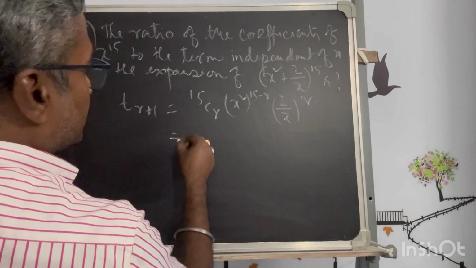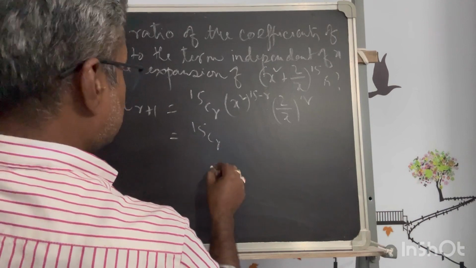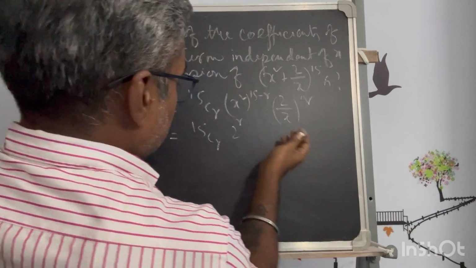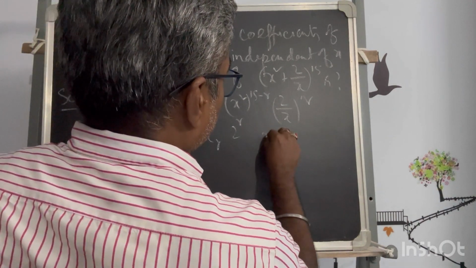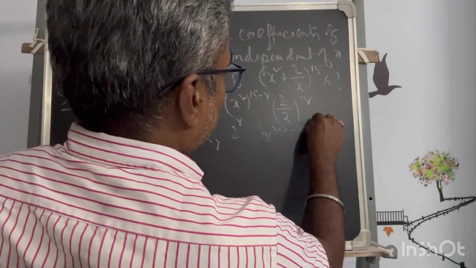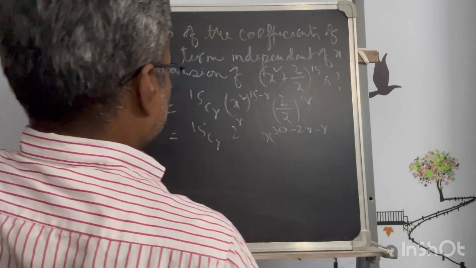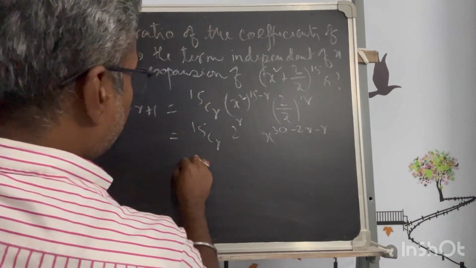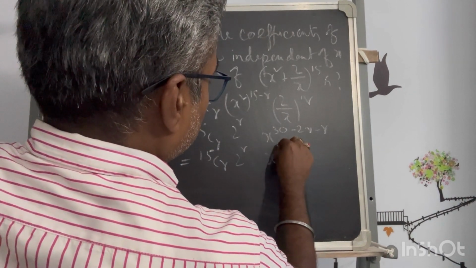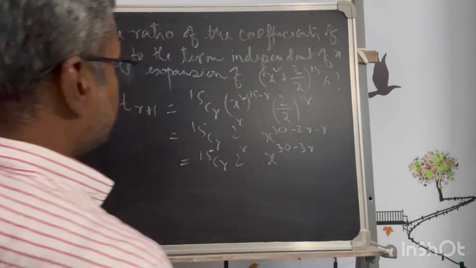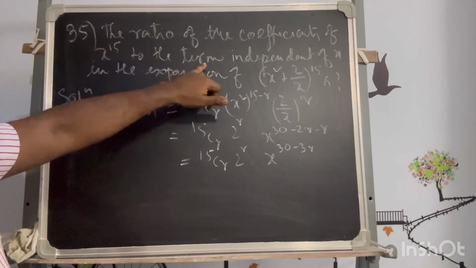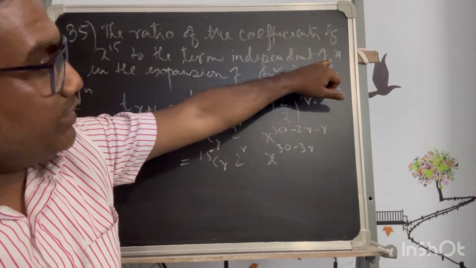Now if we simplify this, 2^r will be separated from the x, and x will ultimately get x^(30−2r), and this r will come together. So the term is x to the power 30 − 3r. This will be the simplified form.